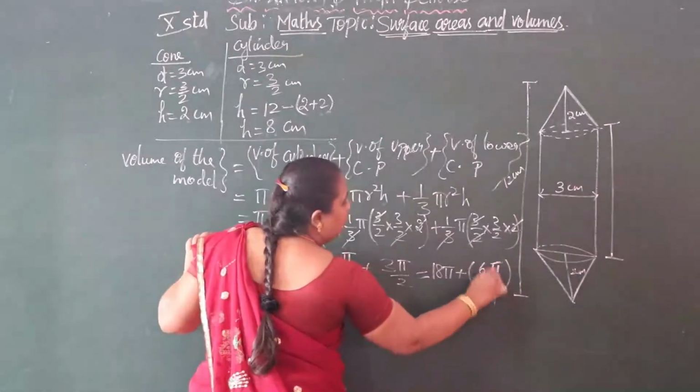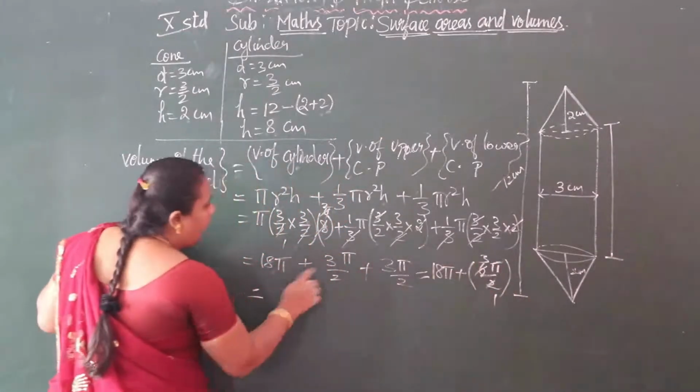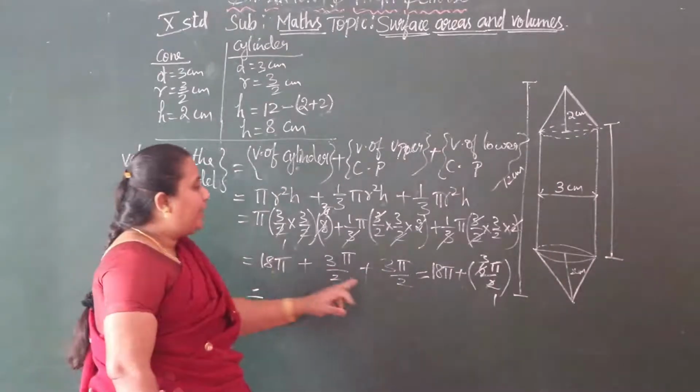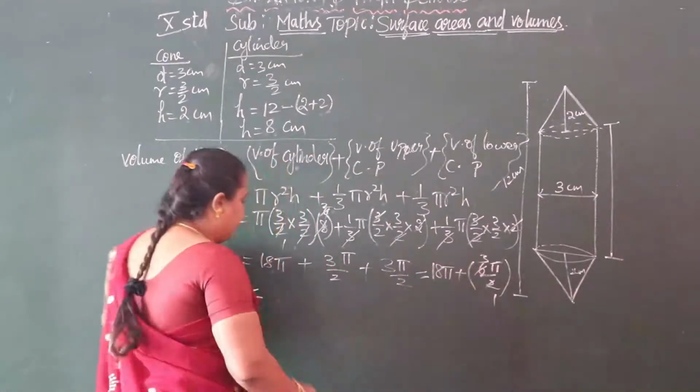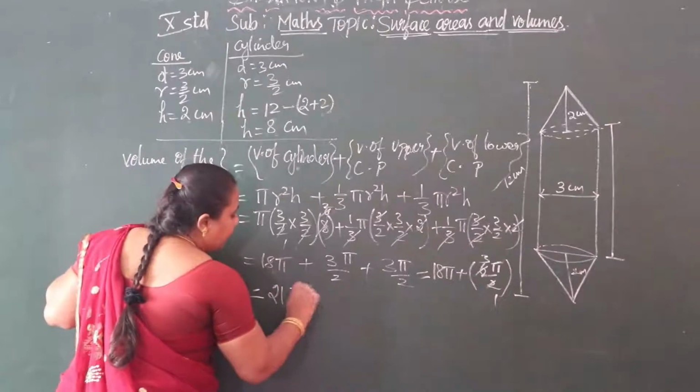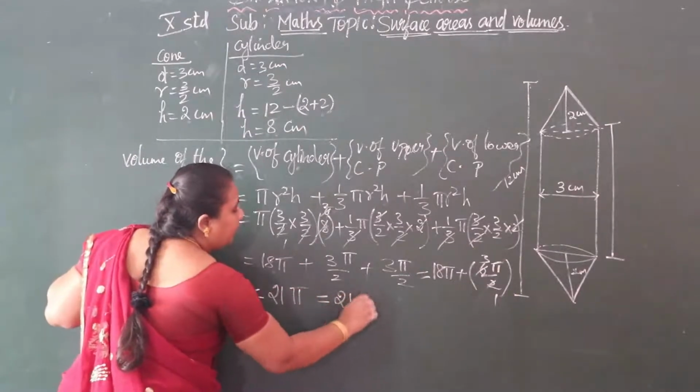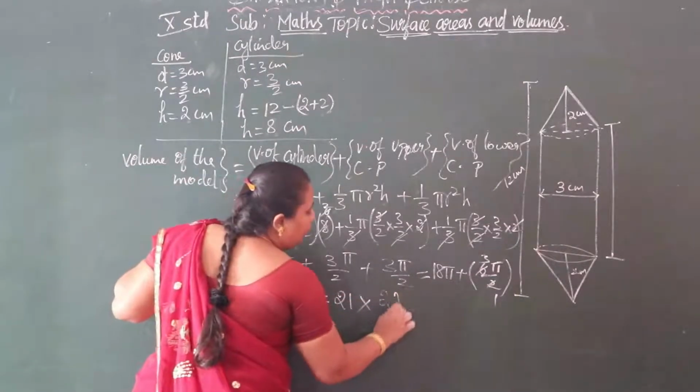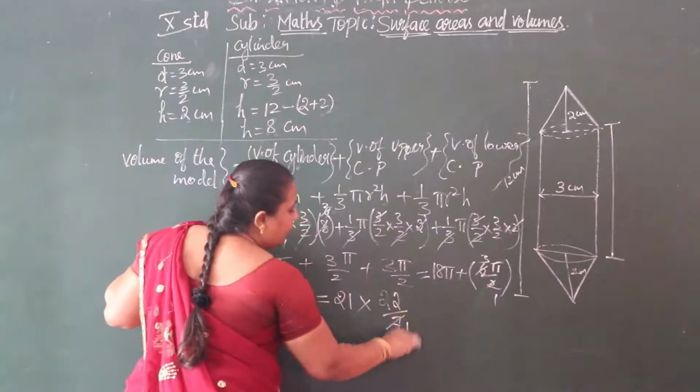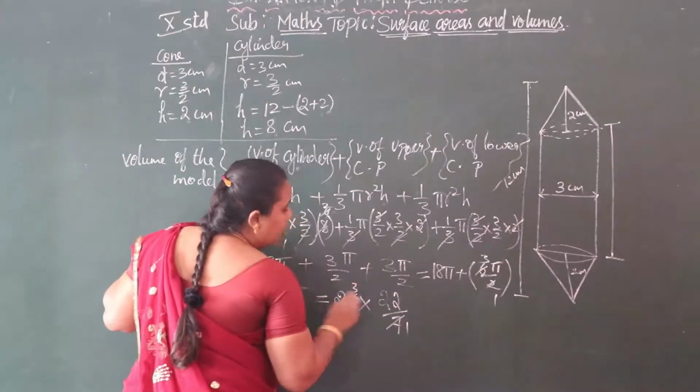Now we have 18 plus 3, which is 21 pi. That equals 21 into the pi value 22 by 7. 7 ones are 7, 7 threes are 21.